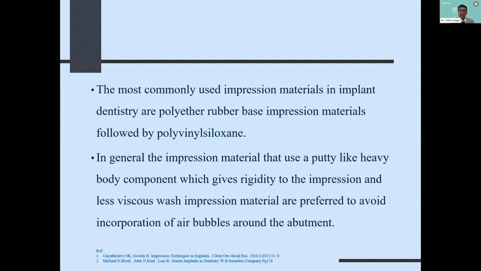The most commonly used impression material would be polyether rubber base as the base and polyvinyl siloxane as the soft body. In general, the impression material uses a putty-like heavy body component which gives rigidity, and a less viscous wash impression, which ensures the detailing of the soft tissue around the abutment.